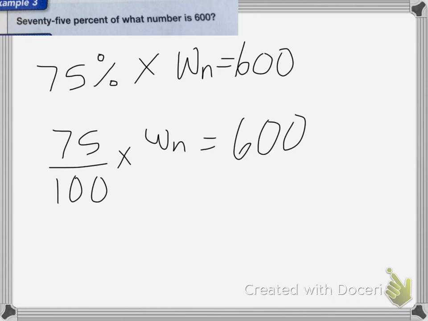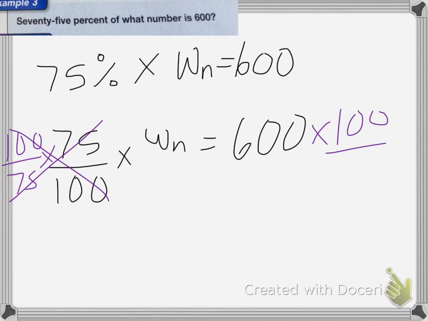Okay, we're going to multiply both sides by the reciprocal to get rid of this fraction. So I do 100 over 75, I multiply that, that cancels. Multiply 100 over 75. Okay.